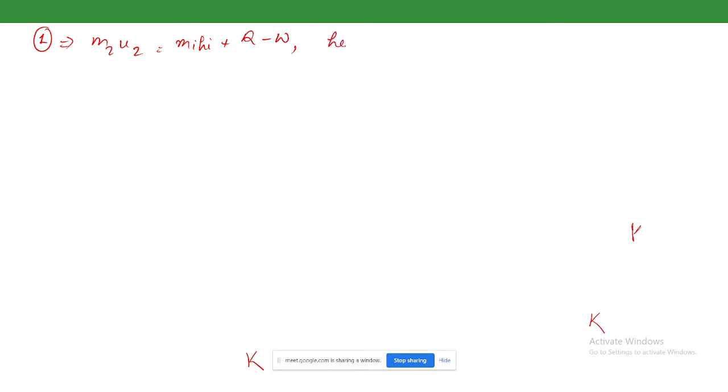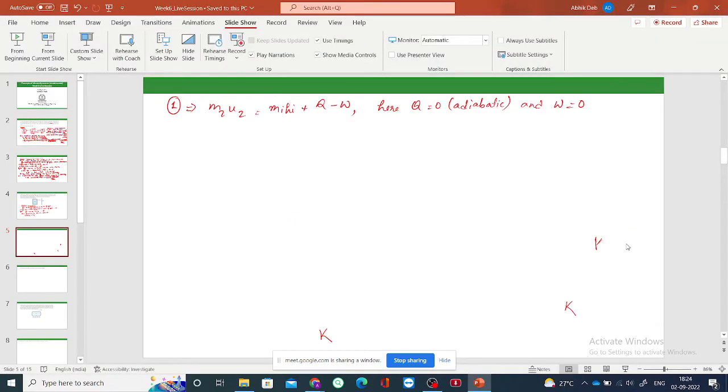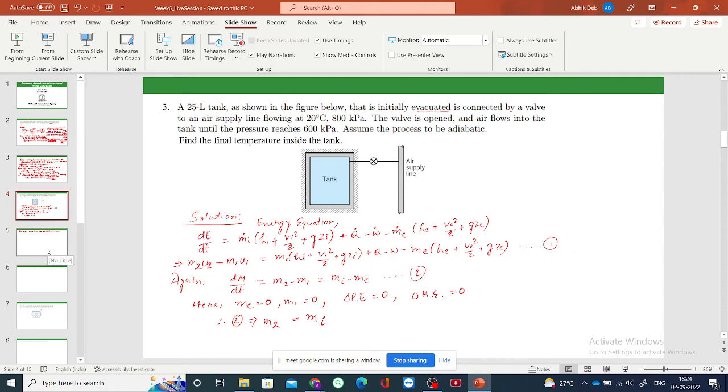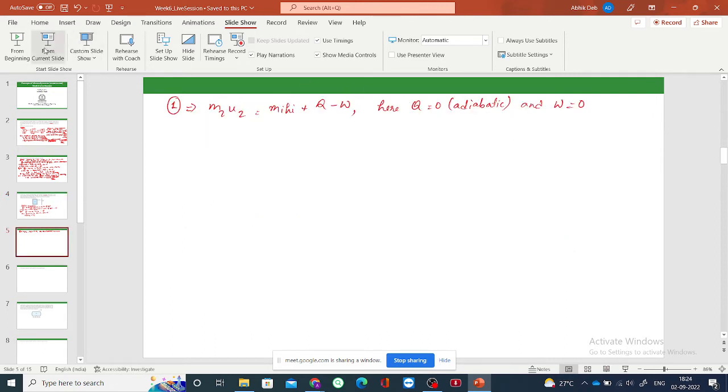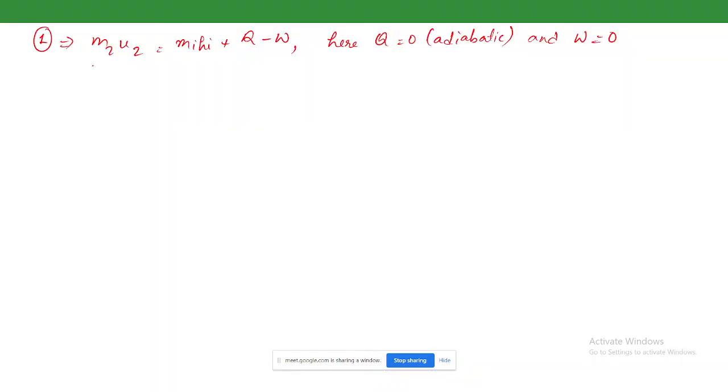Here the process is adiabatic, so q is equal to 0, and w is also 0, since there is no moving boundary, so the work done is 0. The equation becomes m2u2 equal to mihi.